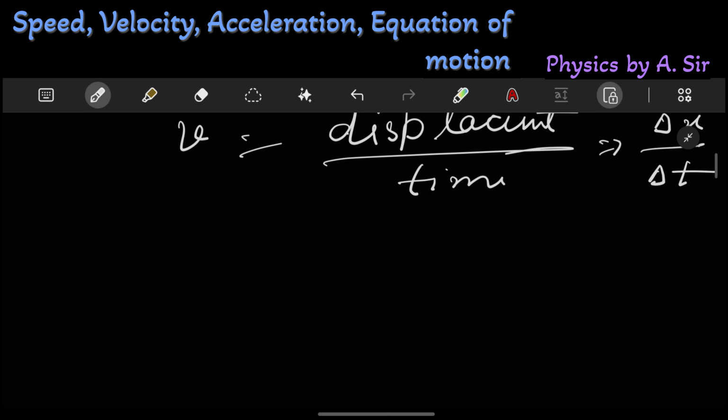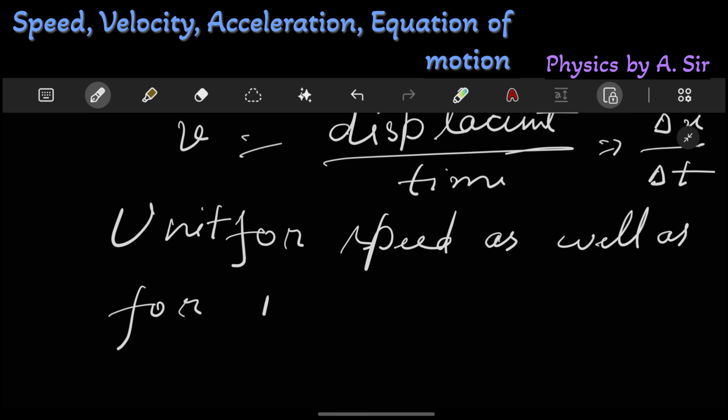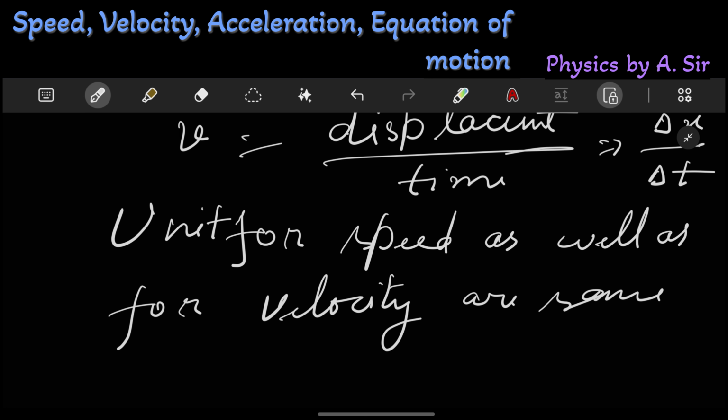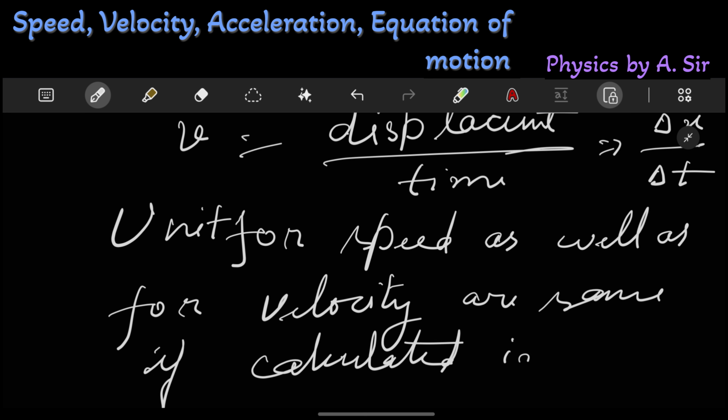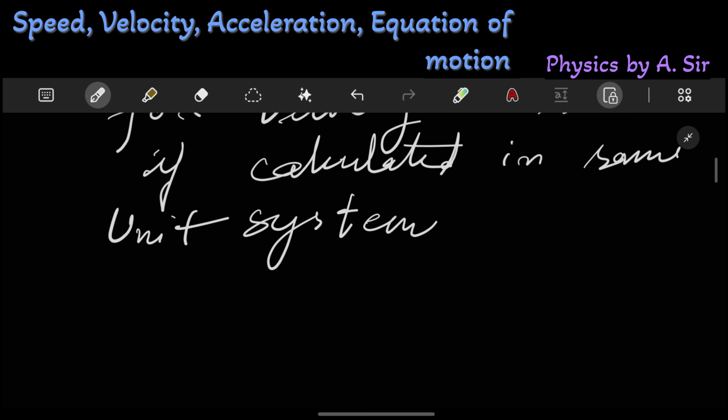Remember, the units for speed as well as for velocity are the same if calculated in the same unit system. So you have to remember these points.